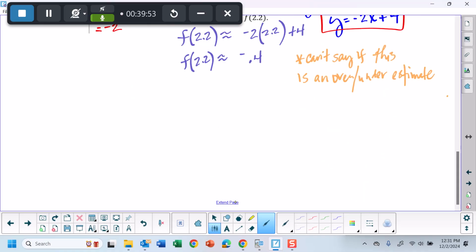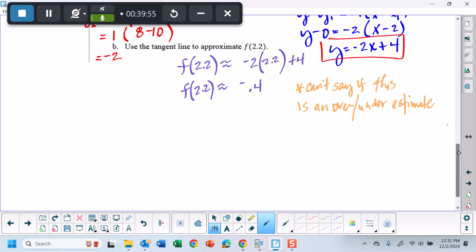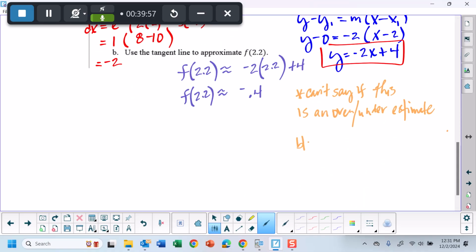So we don't have the original. Because we don't know the concavity of the original function. Without knowing that concavity, there's nothing we can do.